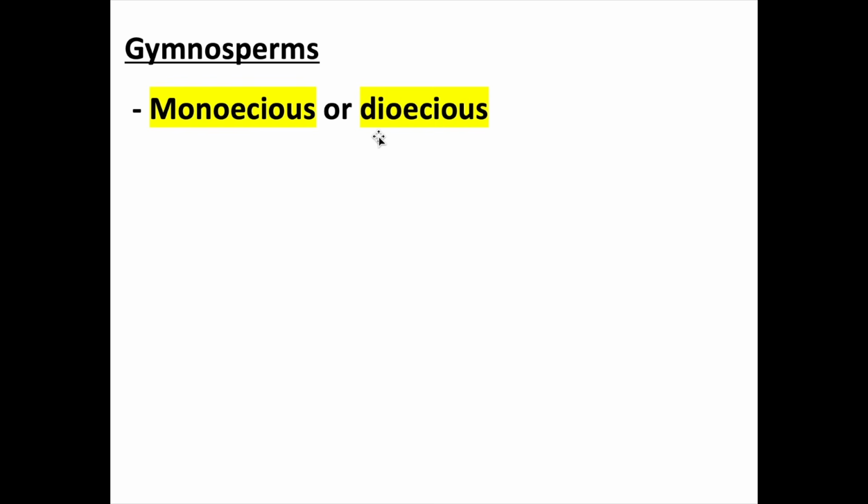And di means two. That means there are two types of plants. Distinct male plants with male gametophyte producing structures and female plants with female gametophyte producing structures. So the key terms say exactly that. But yeah, mono means one type of plant, di means two types of plants.